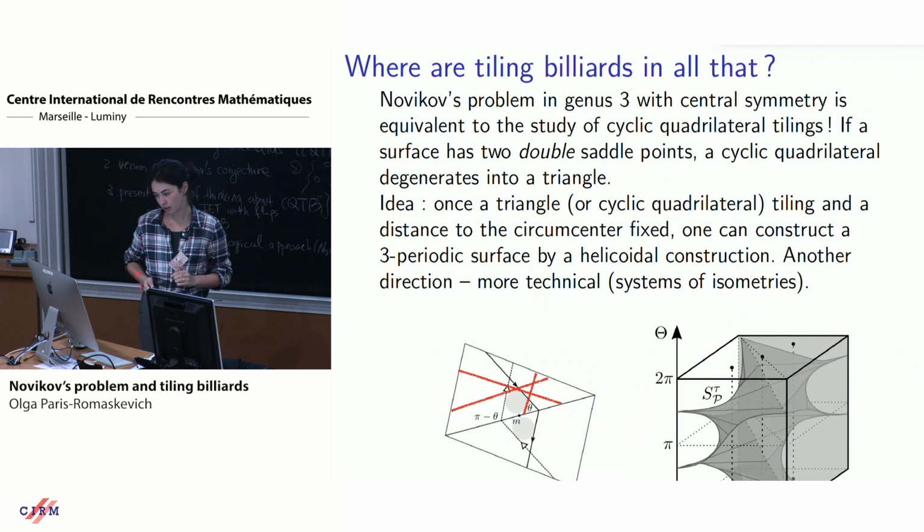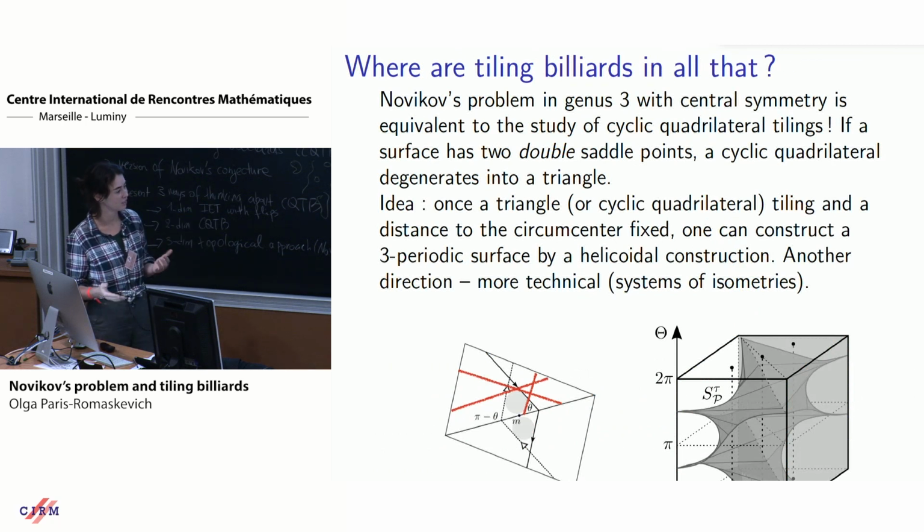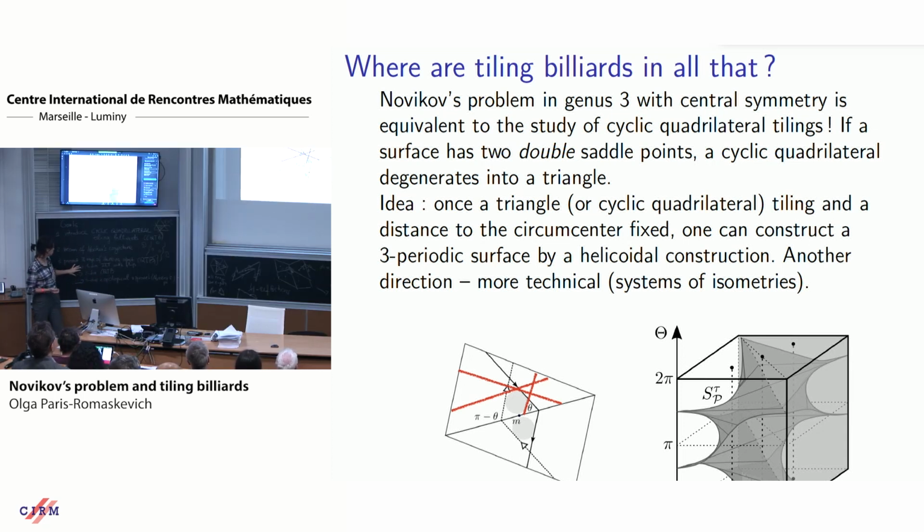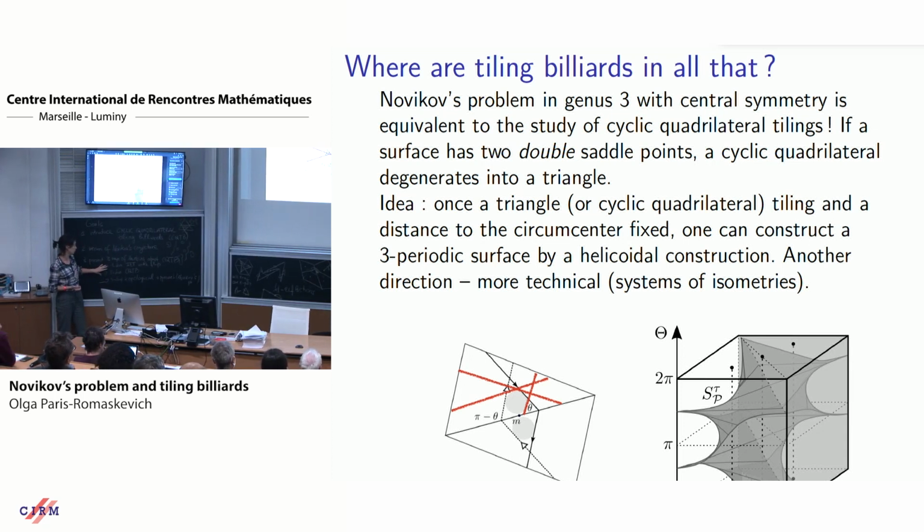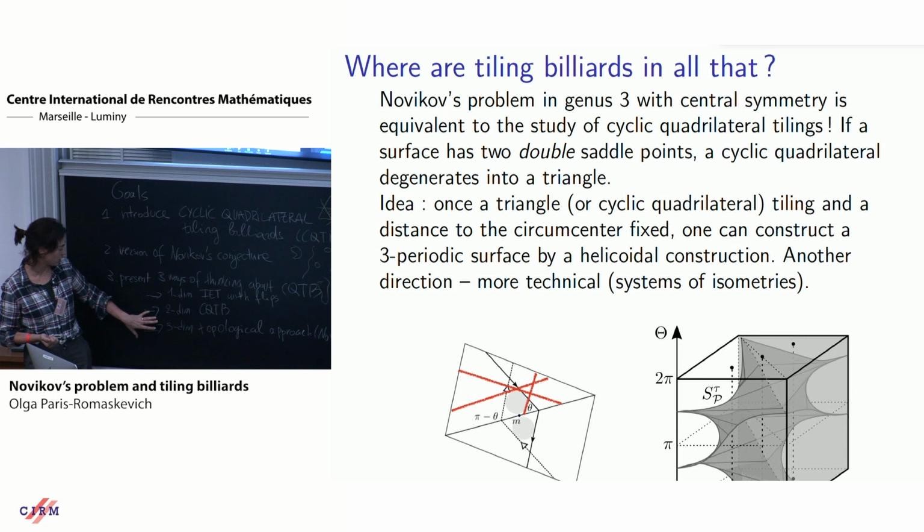So let me maybe say how tiling billiards relate to Novikov's problem, because I explained to you the connection between tiling billiards and interval exchange transformations. It's not very difficult. It's just coding and looking at what system you obtain. Although the connection between points 2 and 3 is a little bit more intricate.